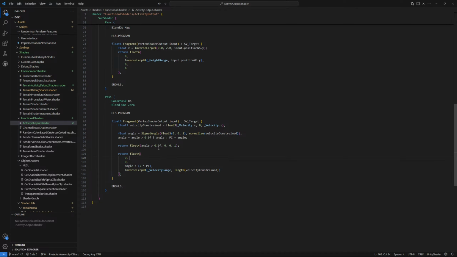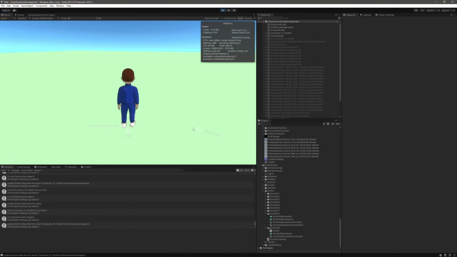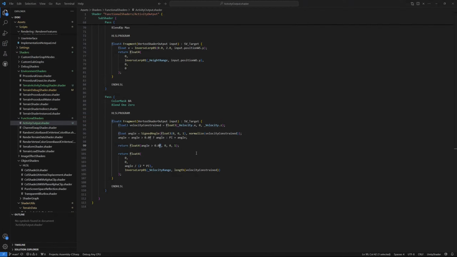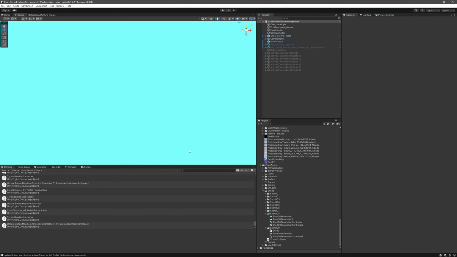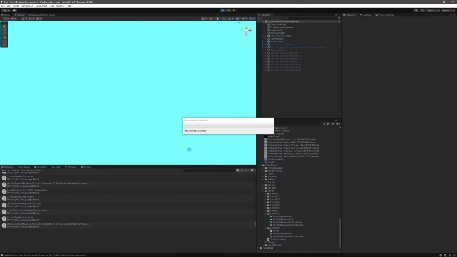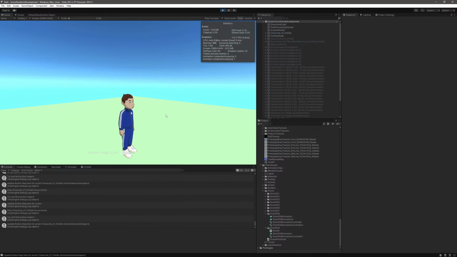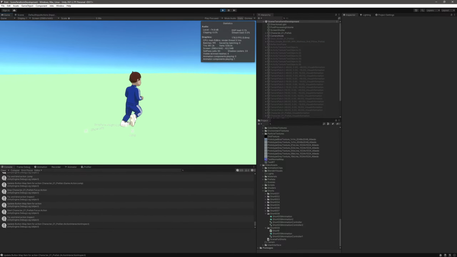BA, and then I just output red. Yeah, we want to output to blue. So we should be getting 1 if the angle is above 0.